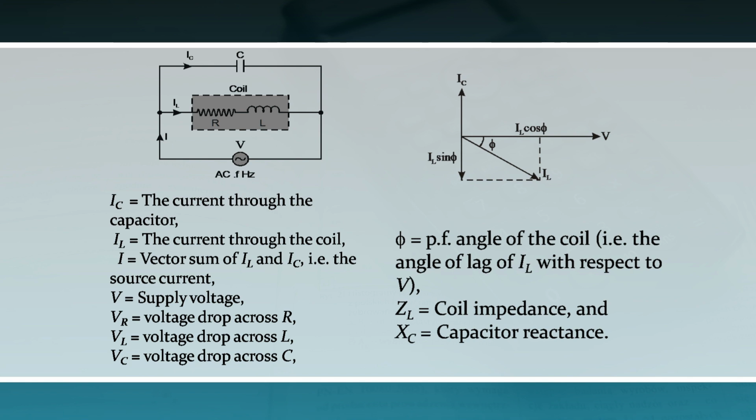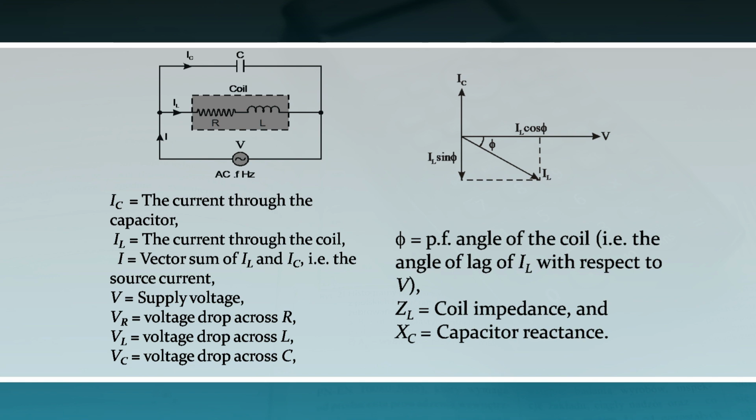Here you can see in the phasor diagram that voltage V has been taken as the reference vector, which has been shown on the horizontal axis, and there is a charging current, you can say capacitive current IC, because there is a pure capacitor. That means this capacitive current will lead by 90 degrees with respect to the voltage.